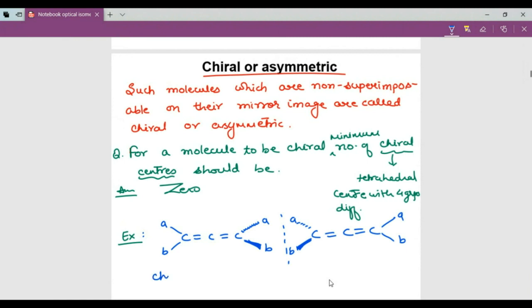So these are chiral molecules. But if you ask how many chiral carbons, chiral centers are there in this molecule, then the answer is 0. There is no chiral center in this molecule because for a chiral center, the first condition is a tetrahedral center. All the carbons are sp2 hybridized.